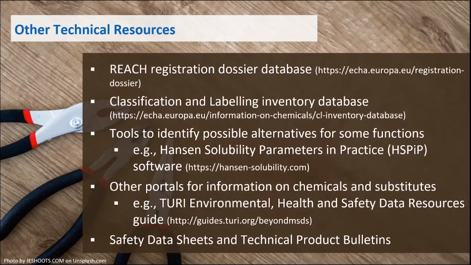There are also other portals that you can access to find information on chemicals and substitutes. One that I'll mention here is the Toxic Use Reduction Institute's Environmental Health and Safety Data Resources Guide. It's a portal that provides a lot of access to different resources for information. Ultimately, one of the places that you want to look whenever considering alternatives to a toxic chemical are the safety data sheets and the technical product bulletins associated with that chemical and that product.